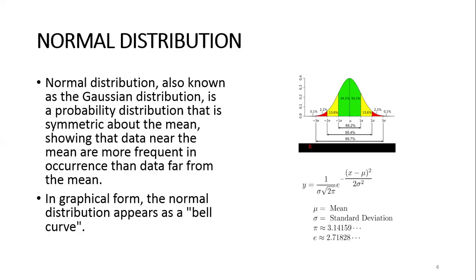You see that a very large number of persons will have scores around that. Then the extremely low scores will be few, and extremely high scores will be few. So that's an example of a natural phenomenon that approximates the normal distribution.